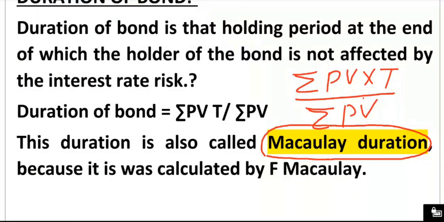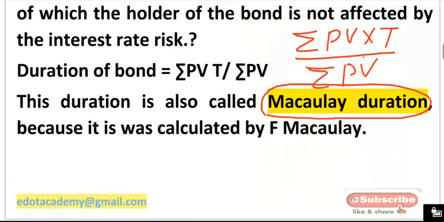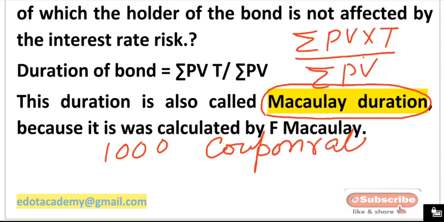Now if I take one example here, let's say the bond value is 1,000 rupees. I just want to explain the meaning of the formula here. Let the par value of the bond be 1,000 rupees and the coupon rate 5%. That means every year the bond holder will get 50 rupees in the first year, 50 rupees in the second year, and 50 rupees in the third year.